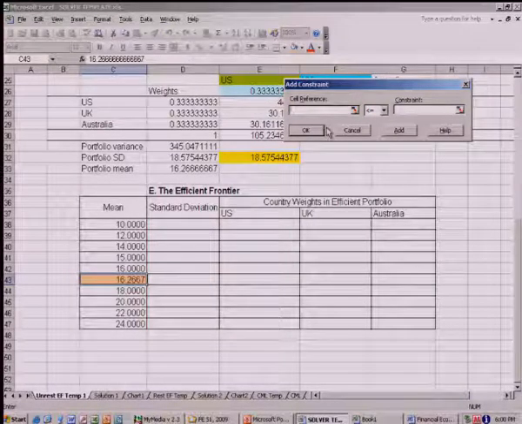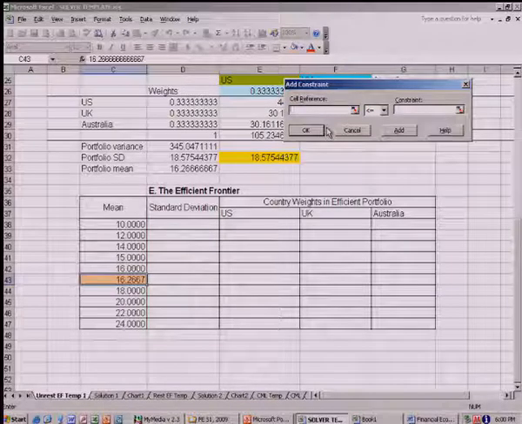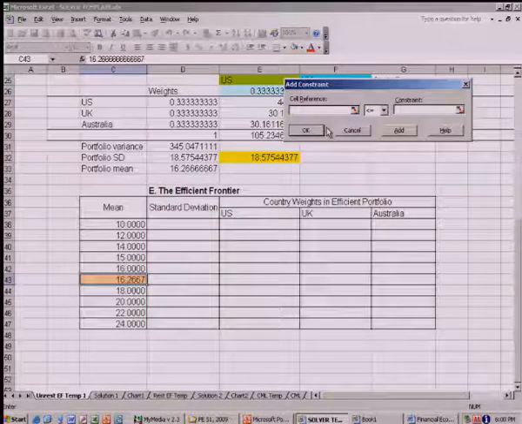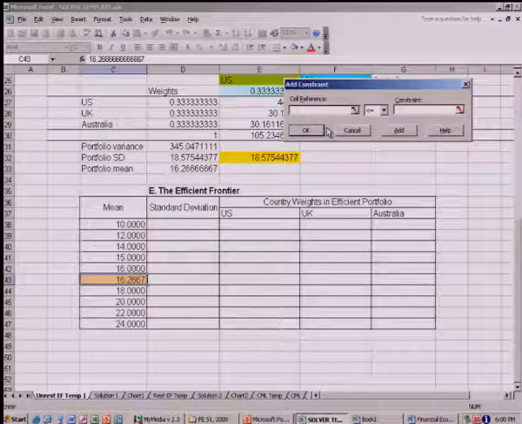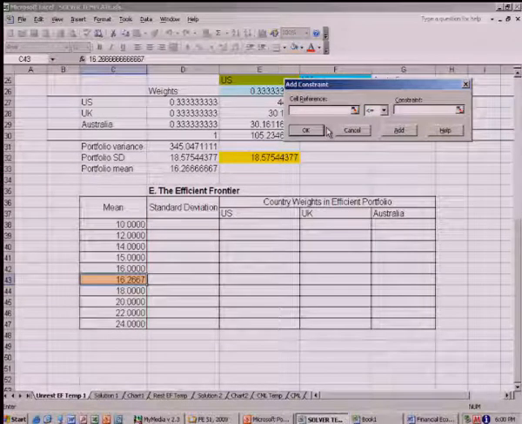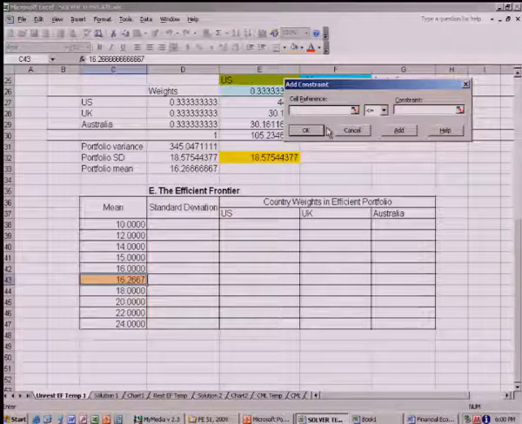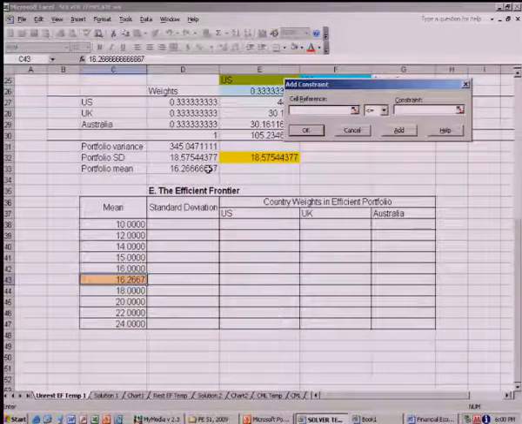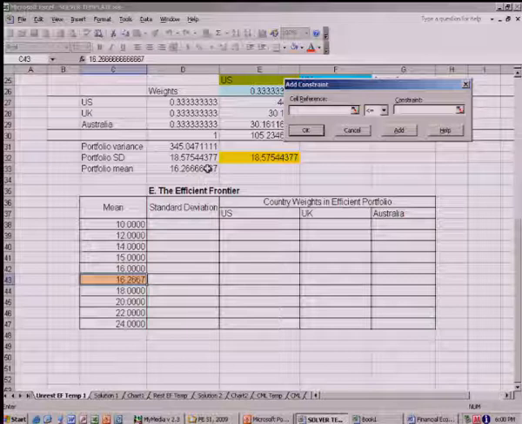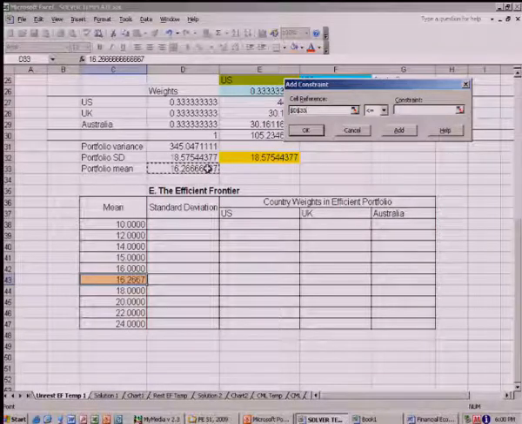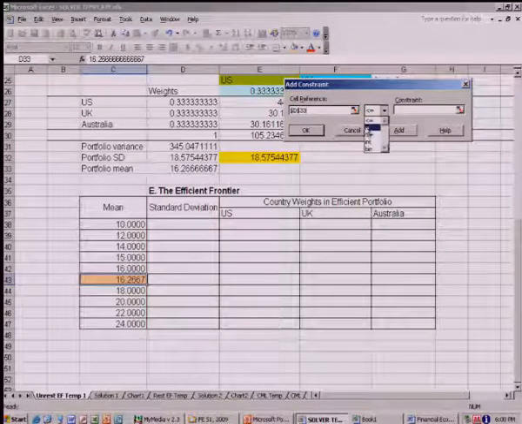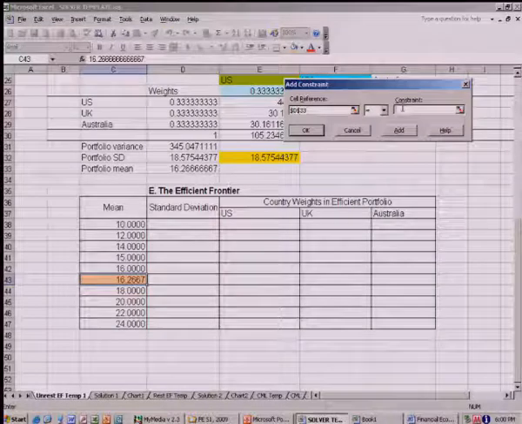Don't worry, in the background the constraint that you just entered has been saved. When you click on Add, it is asking you to add the next constraint. And the next constraint, which I said was that my portfolio expected return that we just calculated needs to be equal to my target return.